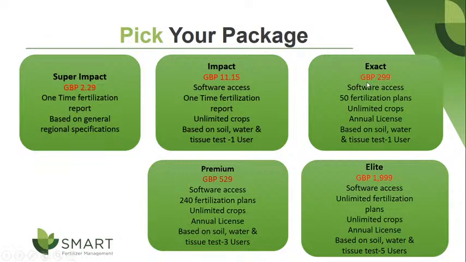After, we will have the Exact that is gonna give us 50 fertilization plans, and we have one user, and as you can see, this is the price. We have the Premium that gives us 240 fertilization plans and with unlimited crops, and also we have 3 users, and the Elite that is unlimited fertilization plans, and it has 5 users.